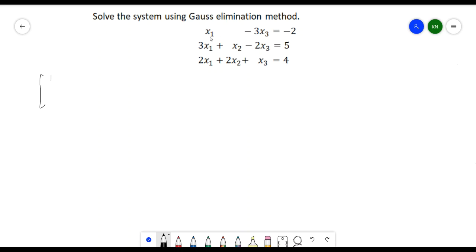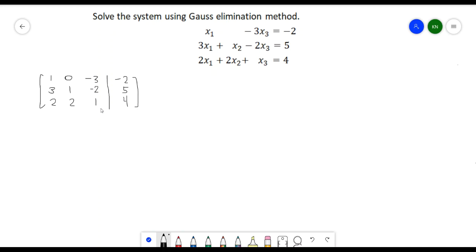Since we have no x sub 2, that is automatically 0. For x sub 3, we have negative 3, and then the constant is negative 2. Following the same process, the second row is 3, 1, negative 2, and positive 5. The last row is 2, 2, 1, and then 4.